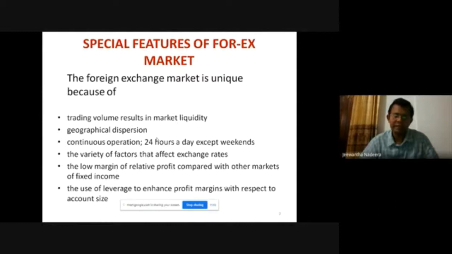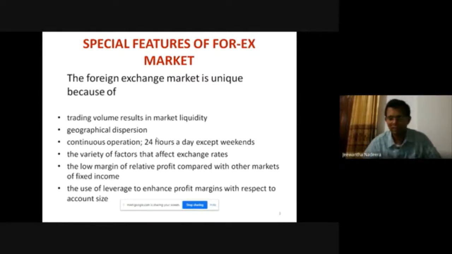The similar instrument locally is SLDB. SLDBs are issued in dollar terms. That is locally, but anybody can participate. Foreigners also can participate in SLDB auctions. But ISB is only for foreigners.